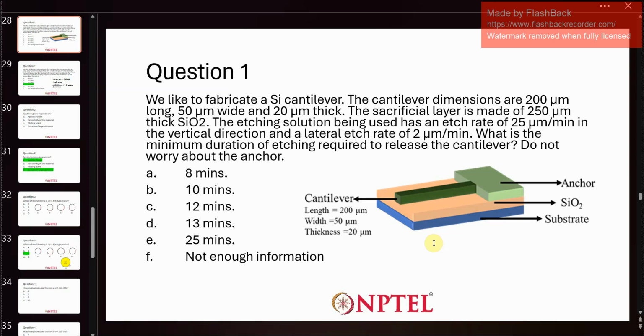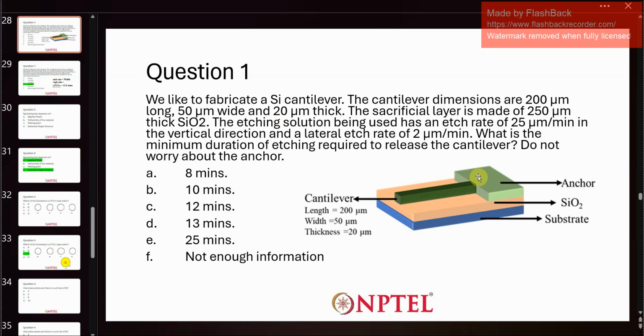Now the etchant will be dropped from both sides, along the length of the cantilever: from the right side as well as the left side of the cantilever beam. So which etch rate do you think will matter? Will the vertical etch rate matter? No, right?